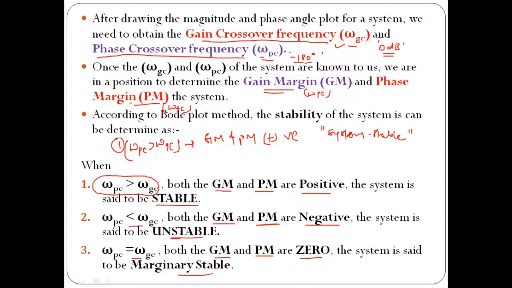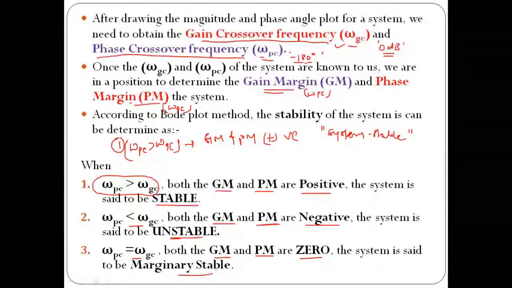And case number three, if gain crossover frequency and phase crossover frequencies are exactly same, gain margin and phase margins are going to be zero and the system is said to be marginally stable. This is very important. So please note down this. These are the special cases that we need to implement in order to determine the stability of a system.